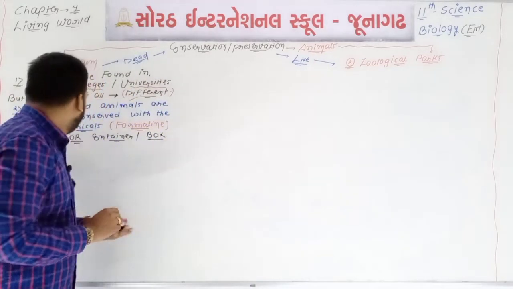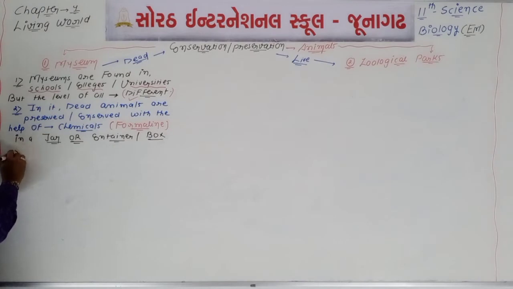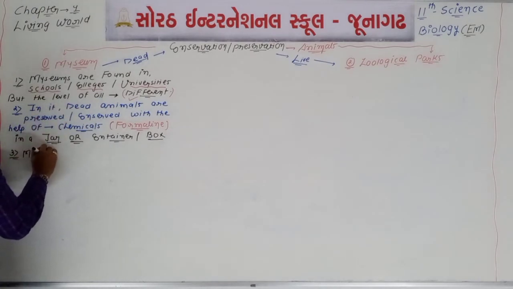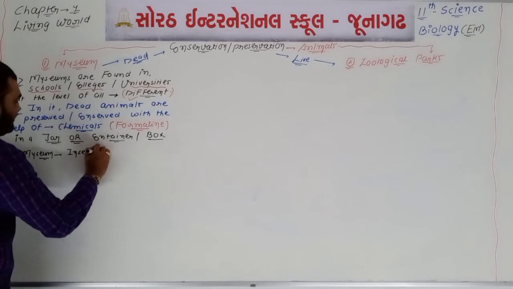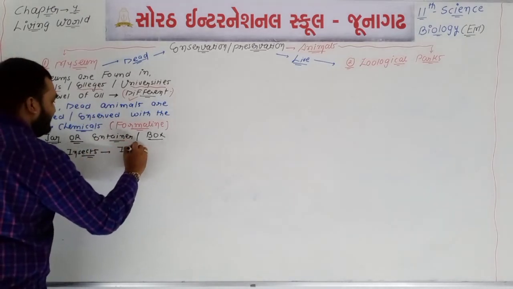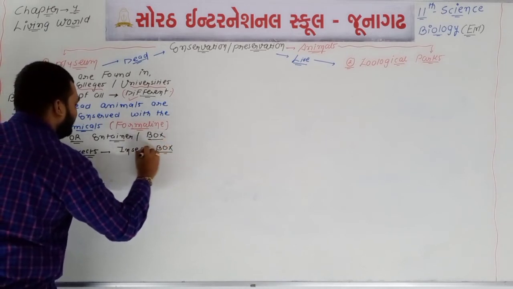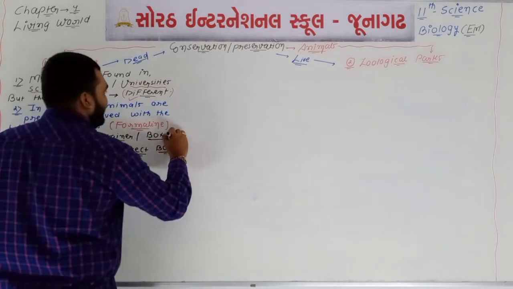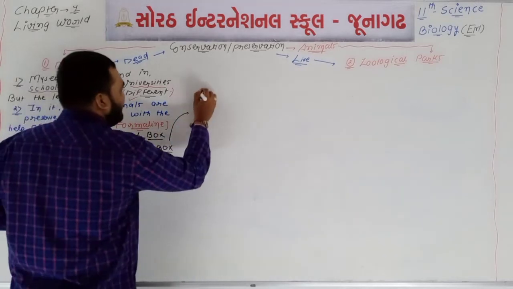Then point number 3: in a museum, insects are also preserved with the help of an insect box. Different types of insect boxes are there. For example, the insect box is similar to a herbarium.